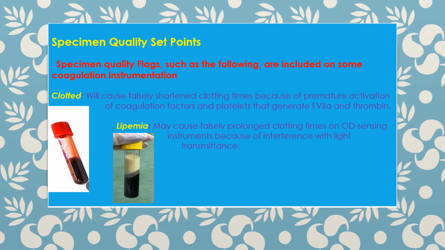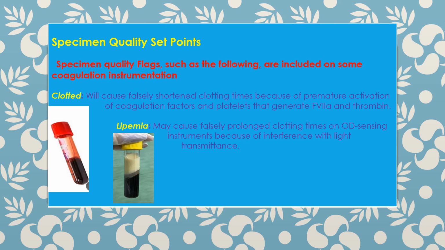A clotted specimen will cause falsely shortened clotting times because of premature activation of coagulation factors and platelets that generates factor 7A and thrombin.